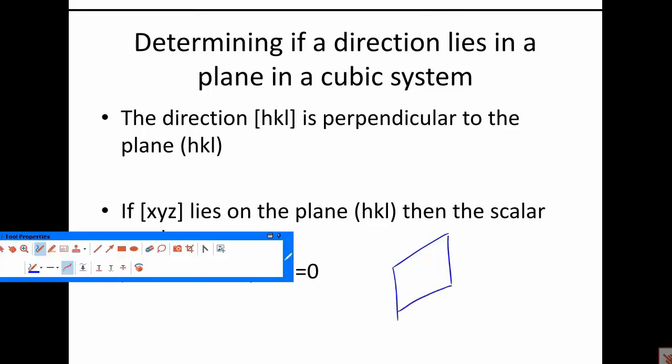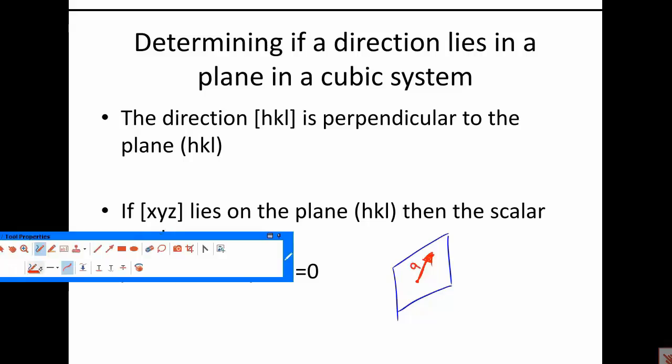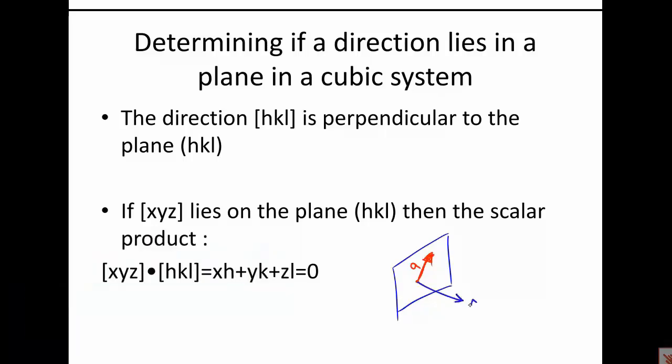So for instance, if I have a plane and I have a direction, so I'll call this direction A, the Miller indices of the plane will give me a direction HKL. If A is within the plane, this angle here will be 90 degrees.